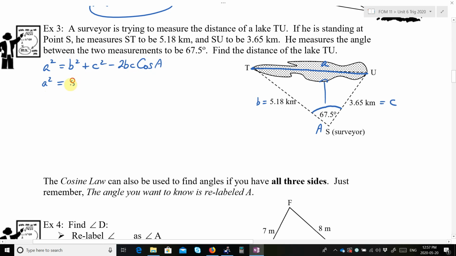B is 5.18, C is 3.65, and then you go minus 2 times 5.18 times 3.65 cos A, where A is 67.5 degrees.